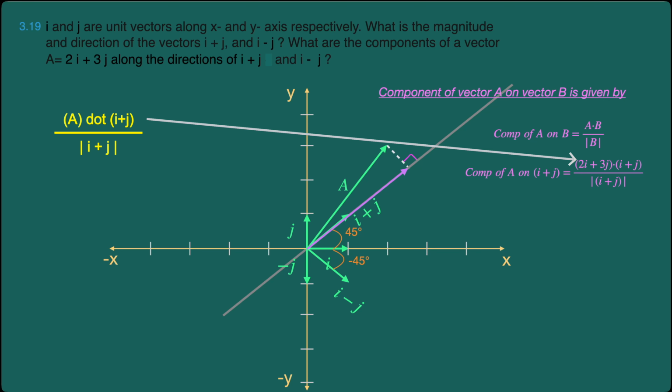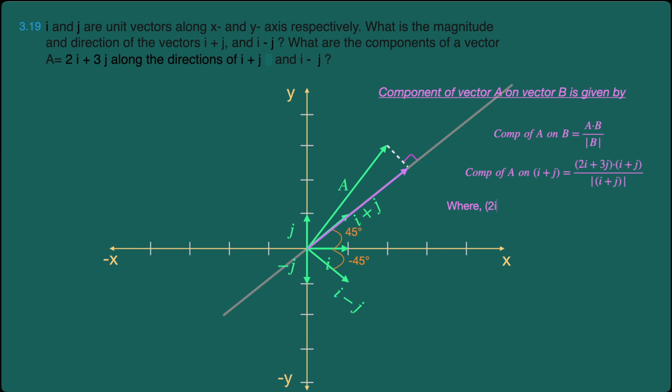Now, let's expand the dot product. This becomes 2 times i dot i plus 2 times i dot j plus 3 times j dot i plus 3 times j dot j. Since i and j are mutually perpendicular unit vectors, i dot j equals 0, j dot i equals 0, and i dot i as well as j dot j are both equal to 1.